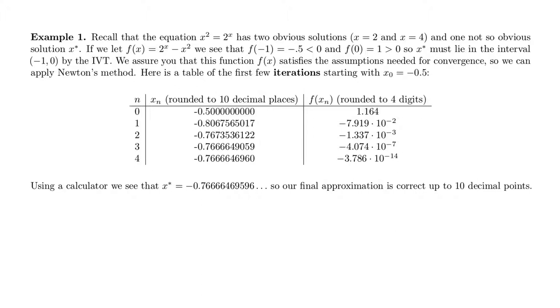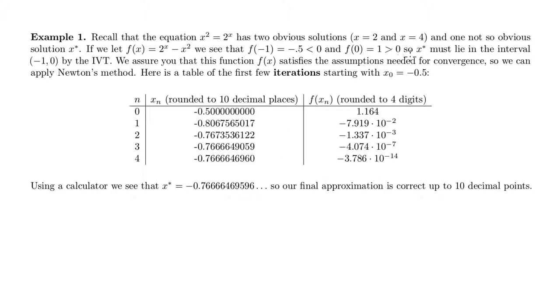Now, the equation we're starting with, if you recall back on the lecture on the intermediate value theorem, we showed that the equation x squared is equal to 2x has two obvious solutions, x equals 2 and x equals 4. And then one not so obvious solution that we call x star, and it's between -1 and 0.